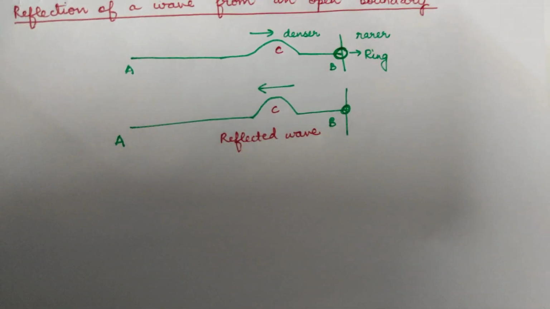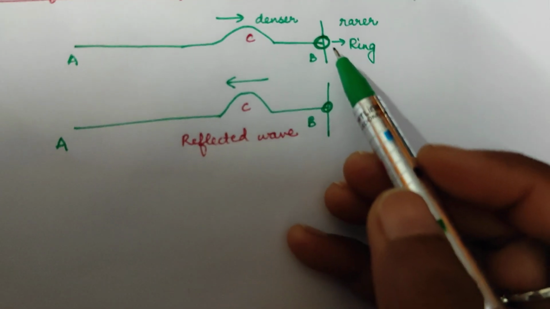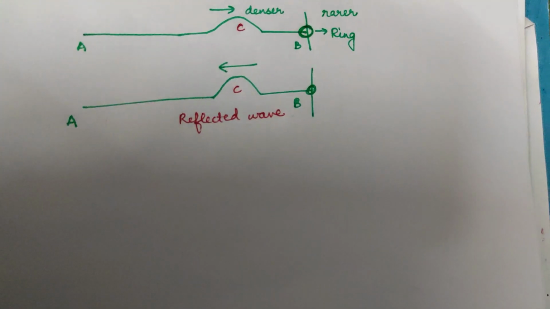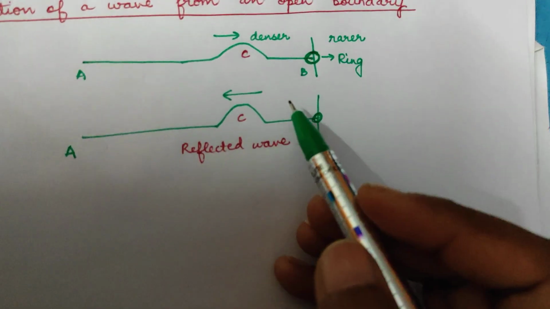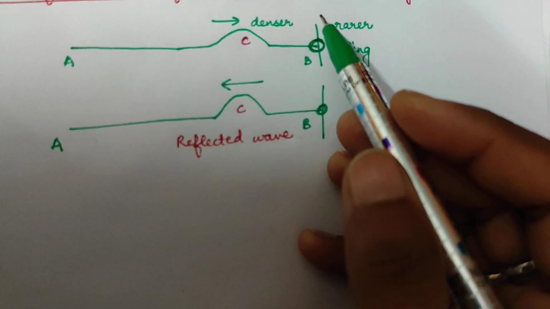It is like it can slide without friction up and down along a vertical rod. So a crest is produced in the string at A, it reaches the end B, and it meets little or no opposition there, and this is the reason the ring rises above its equilibrium position.